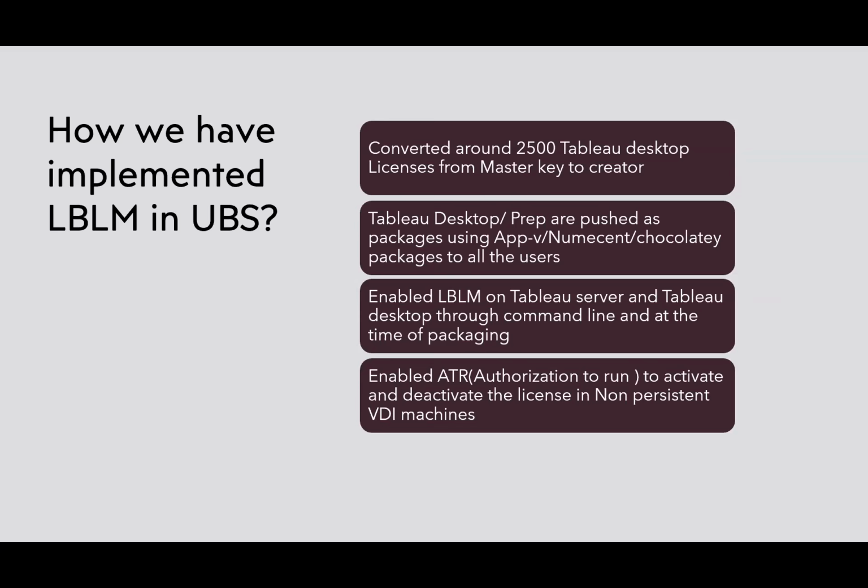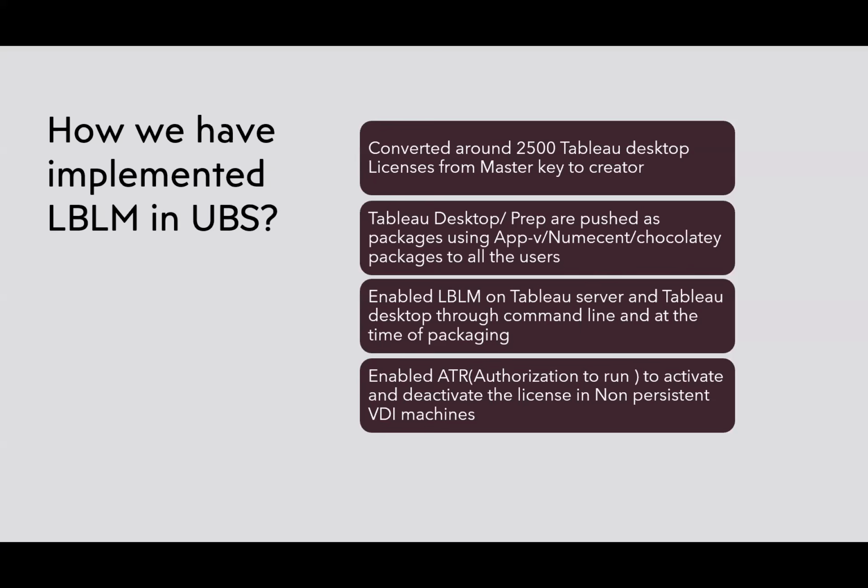We sorted out the ATR connectivity first, and then we started building the packages using App-V and Numecent. In order to make automation easy for the users, we brought all the command line parameters into the packaging, and we enabled the sequencing there itself.